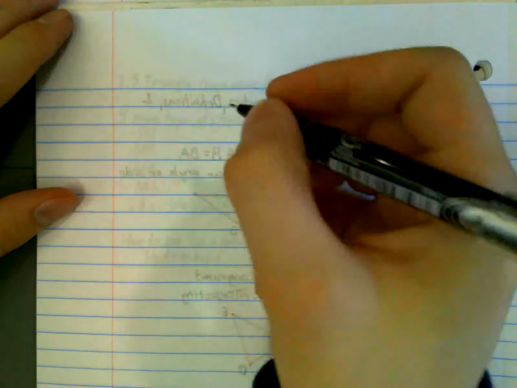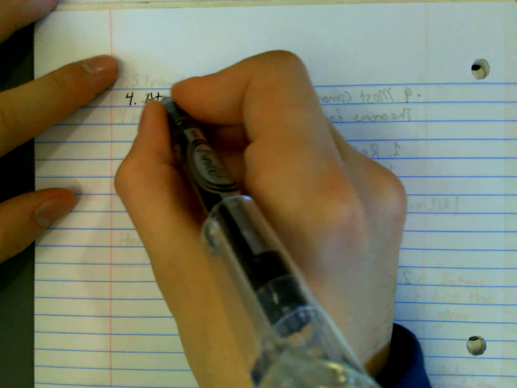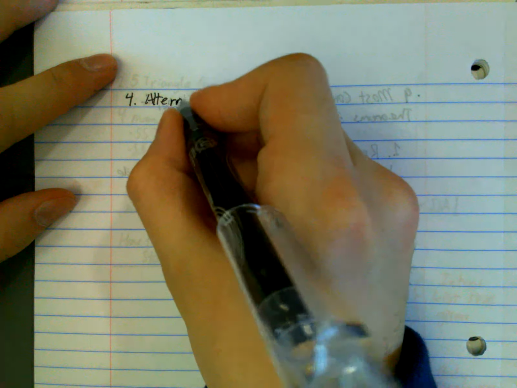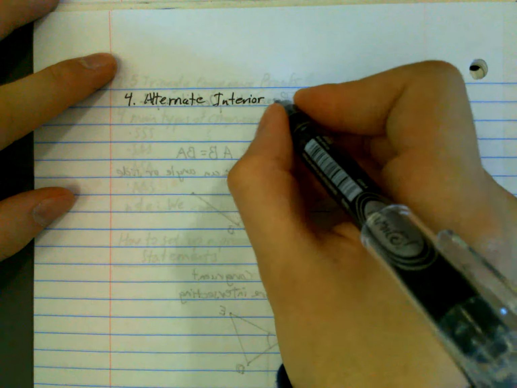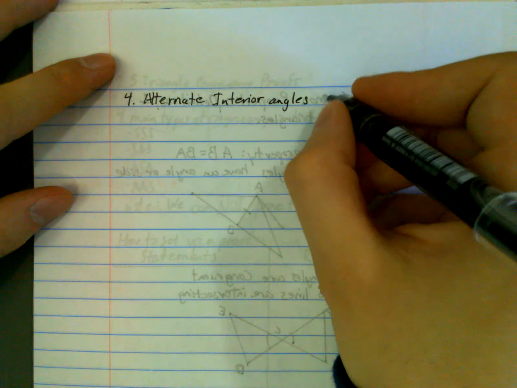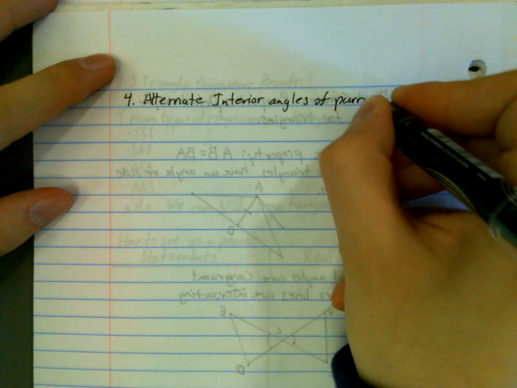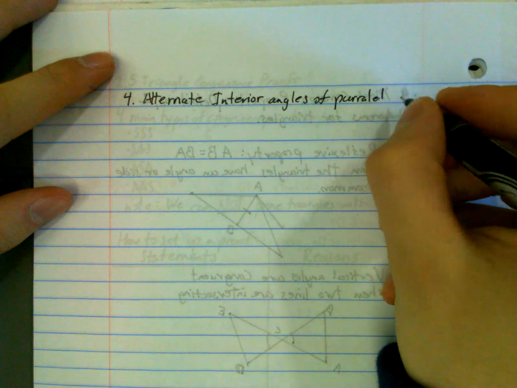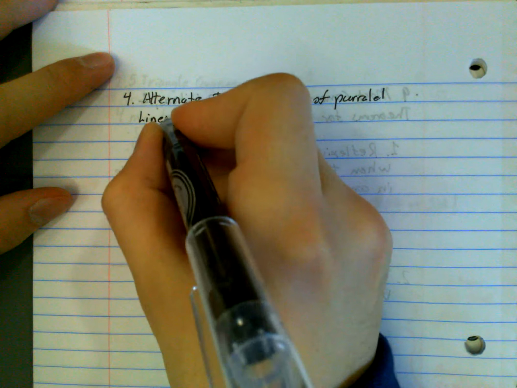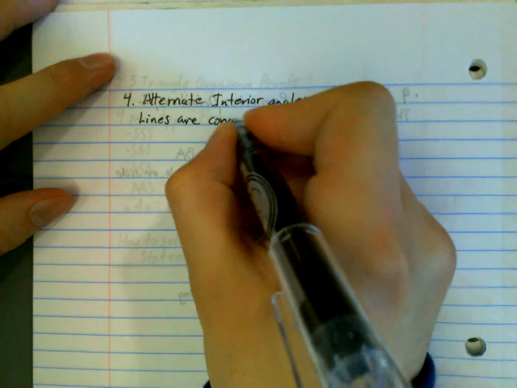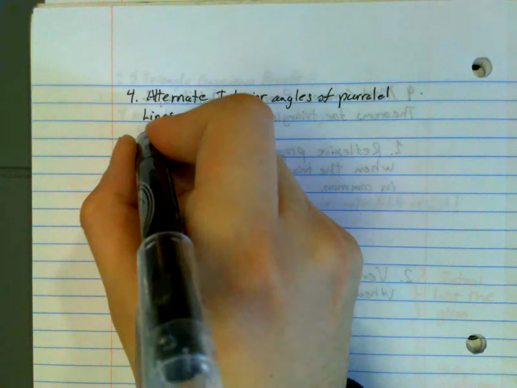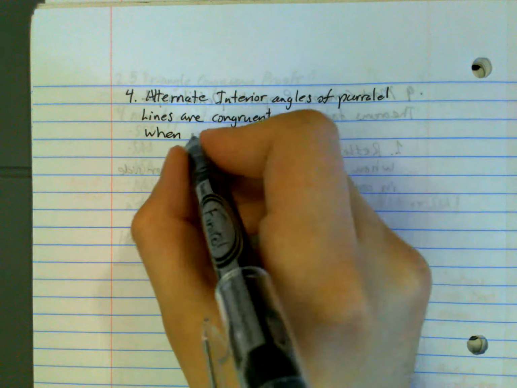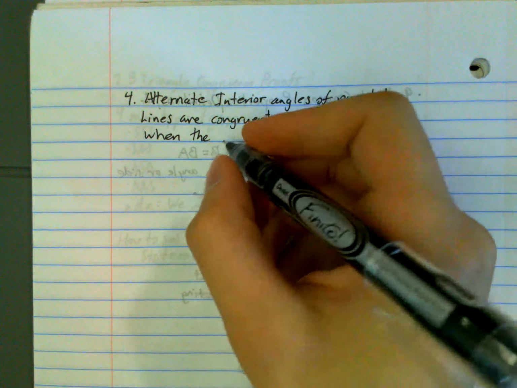All right. The next one, number 4, is alternate interior angles of parallel lines are congruent. Man, that's a mouthful. Okay?